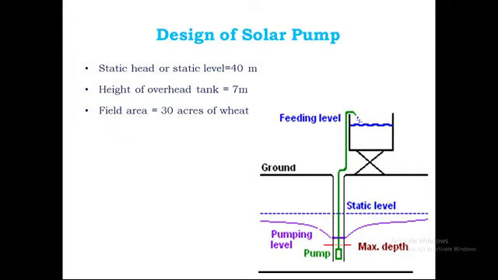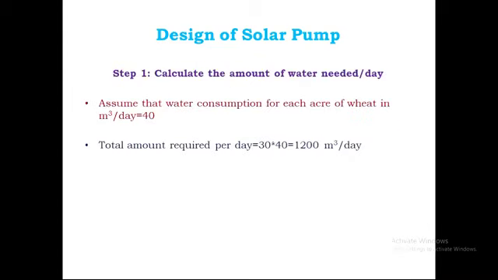Here I am considering a field area of 30 acres of wheat, and as per my knowledge, the water consumption for each acre of wheat is 40 meter cube per day. So we have considered 30 acres, so 30 into 40, 1200 meter cube per day. So this is the first step. We have to calculate the amount of water needed per day.